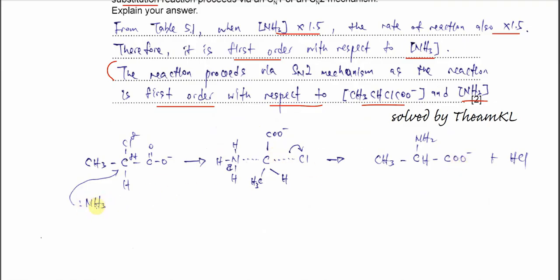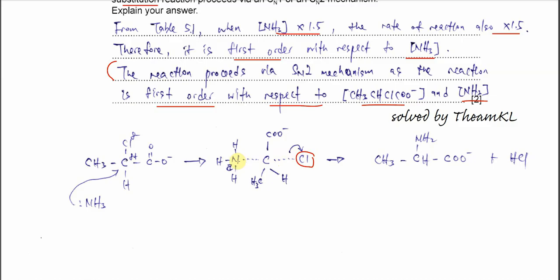Ammonia, which is a nucleophile, will donate its lone pair to this partial positive carbon. After that, it will form this intermediate. The C-Cl bond breaks, and this pair of electrons will move to the chlorine and form the chloride.